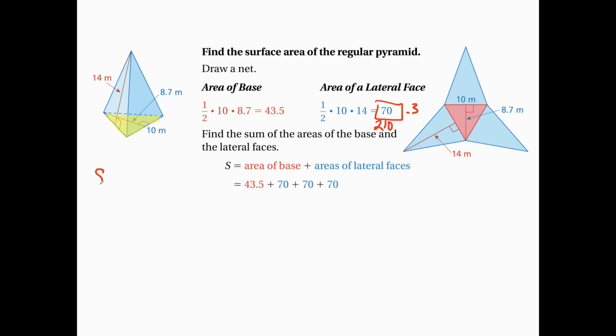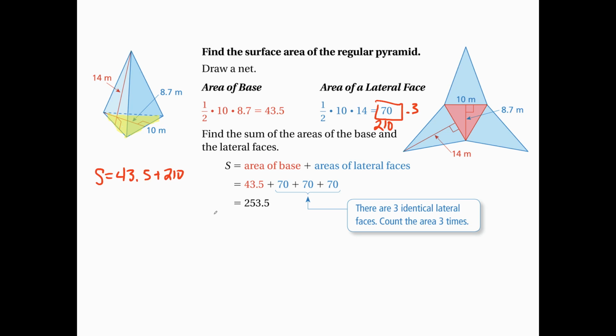So I could just add 43.5 to 210. It's another way to look at it. And then I do that, I get my surface area, and remember it's 253.5 square meters.